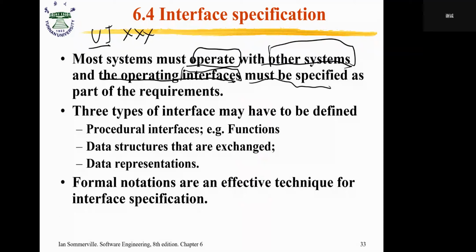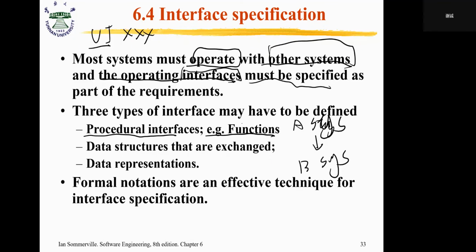There are three types of interface that may have to be defined. The first one, normally used, is called a procedural interface, like a function. Like when one system, A system, invokes B system. How does A invoke B system?